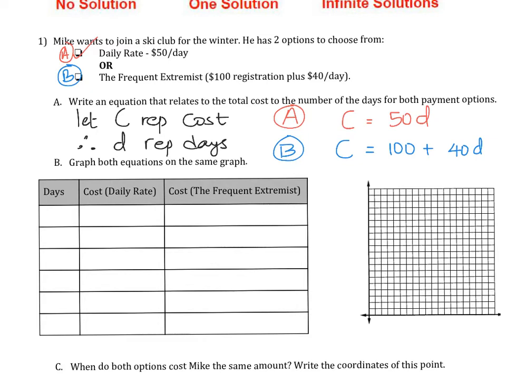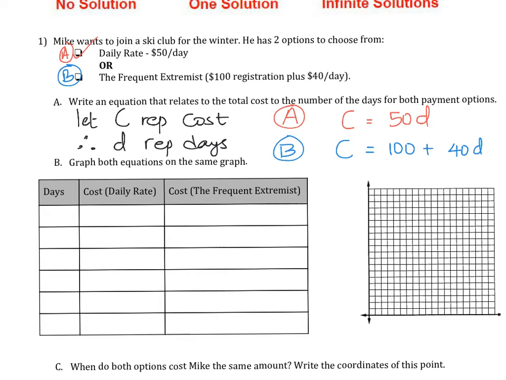So using these two equations, now we are going to create our table of values and we are going to graph it. Again, you have all this information from cycle 3, how to create a table of values given an equation and how to create a graph. So let's go ahead and figure out what could be our number of days. Now you could pick anything.